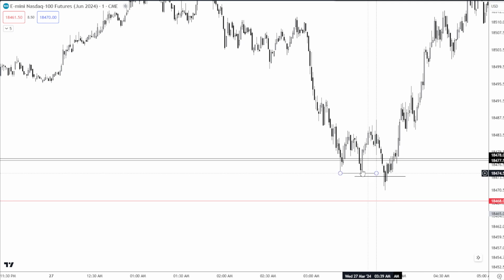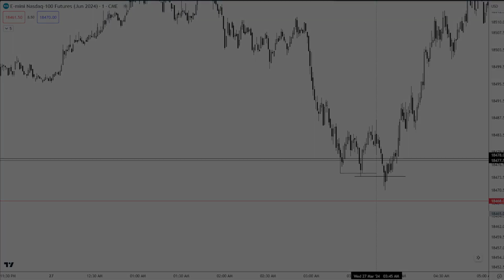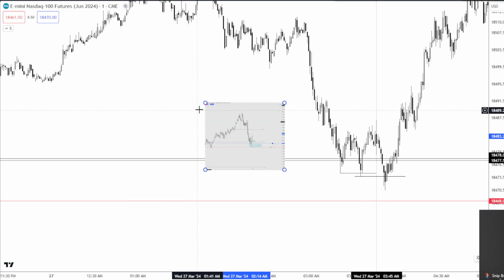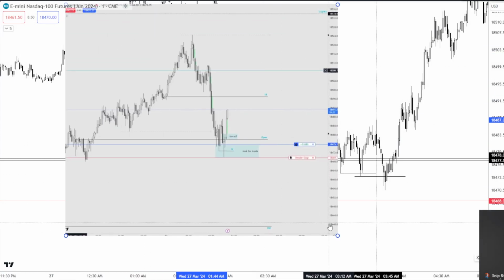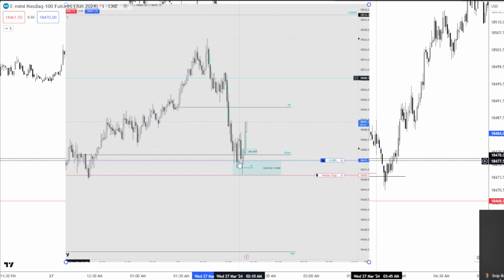But say we entered here, or it might have been here. I'm not sure exactly where he entered, but I'm pretty sure he entered here, or it was here or here.